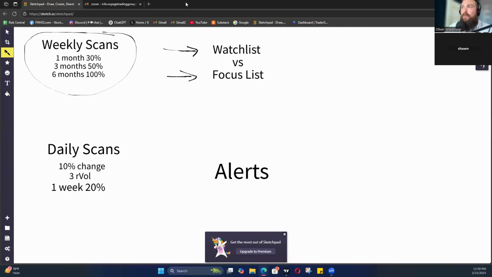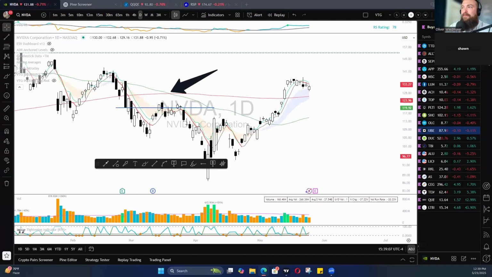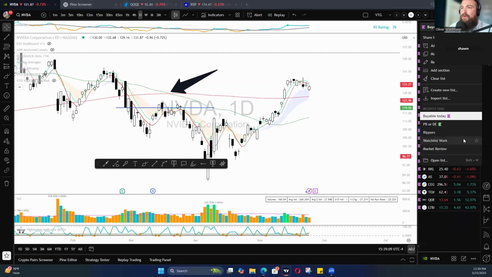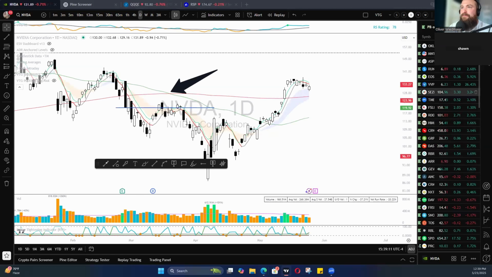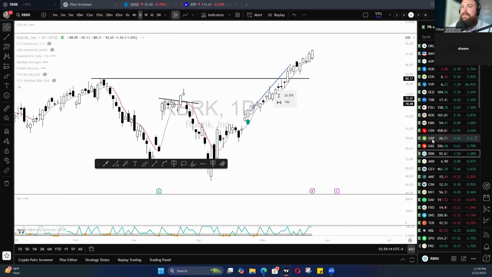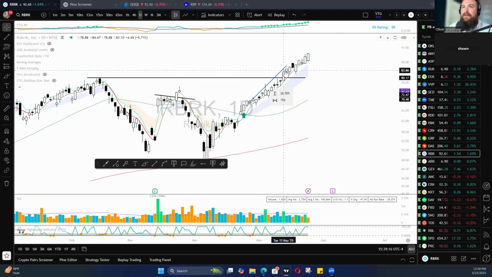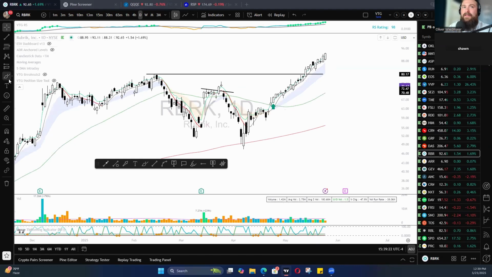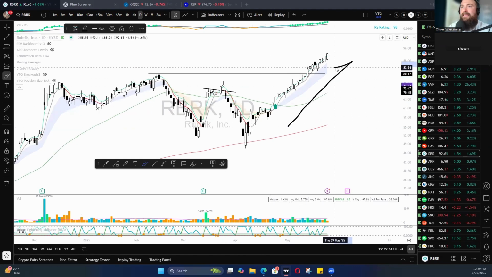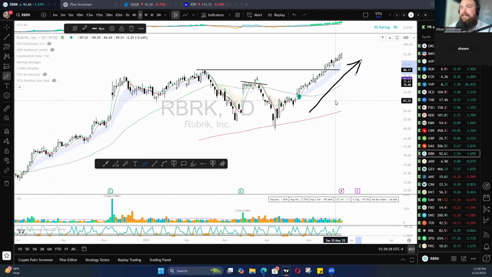How do I determine when it goes from a watch list to a focus list? We'll do a couple examples. These names are on my watch list. For example, there's no entry here for me. The stock is in a momentum phase. There's no tight action, there's no pullback, there's nothing.